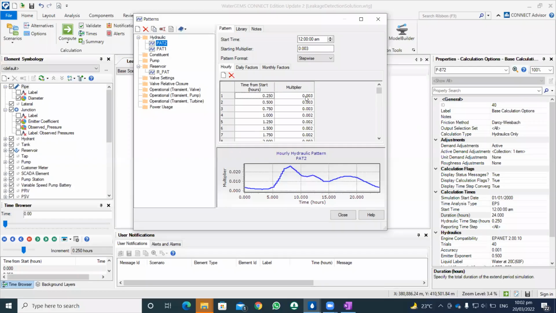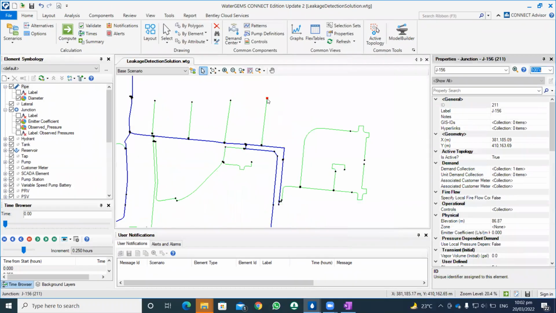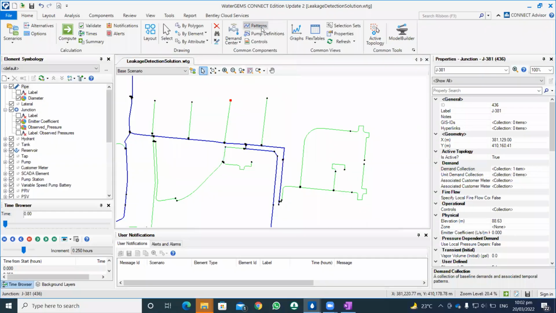So these are basically the multipliers which, at each time interval, multiply with the demand, for example, where the pattern has been assigned. For this junction, the part 1 pattern is assigned to it.